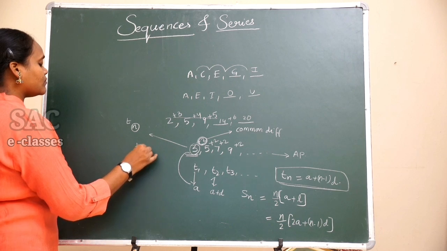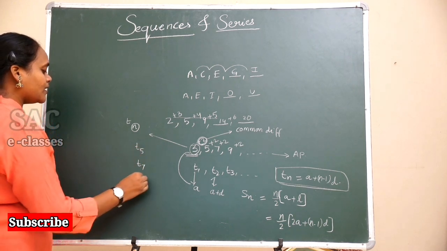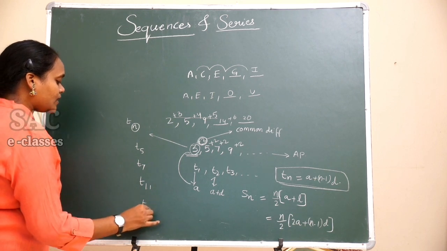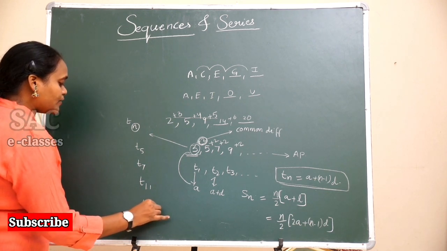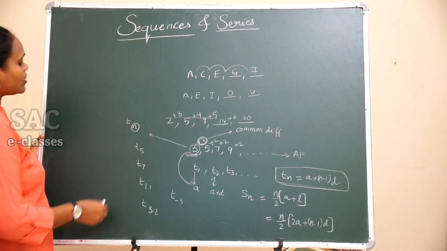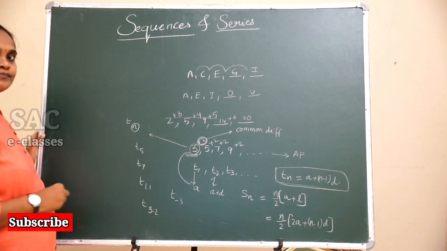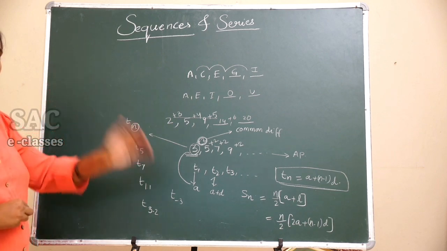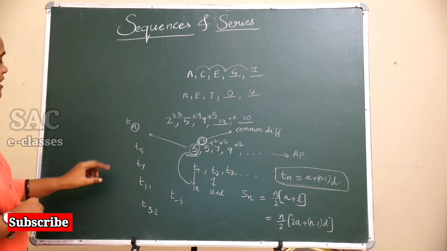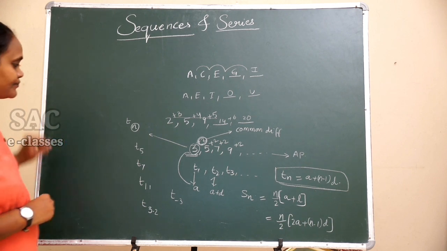That means it is the 5th term, 7th term, like that. But it won't be a 1.1 term, or a 3.2 term, or minus 3 terms. That means the number of terms in the given progression is always a natural number.